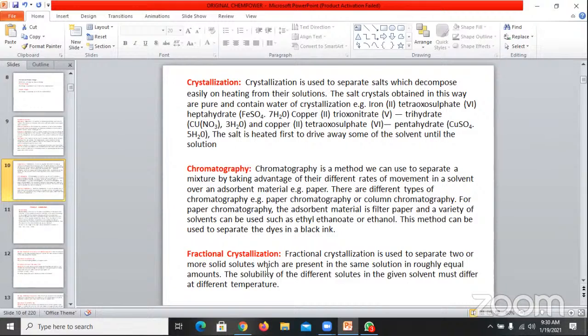Those are the major things. So what are we supposed to capture in today's class? The various separating techniques that you can use in separating mixtures. We need to know the difference between elements, compounds, and mixtures, and also know the test for purity. There are three ways you can test whether a substance is pure, by taking the boiling point.